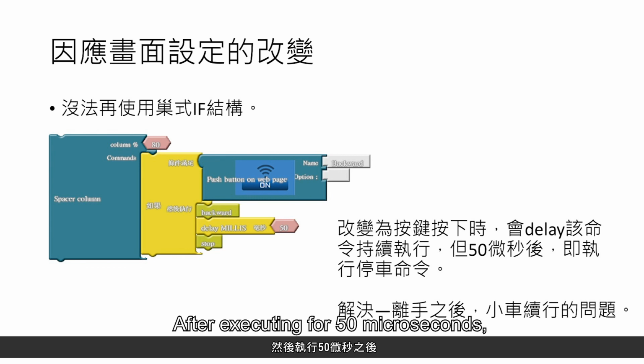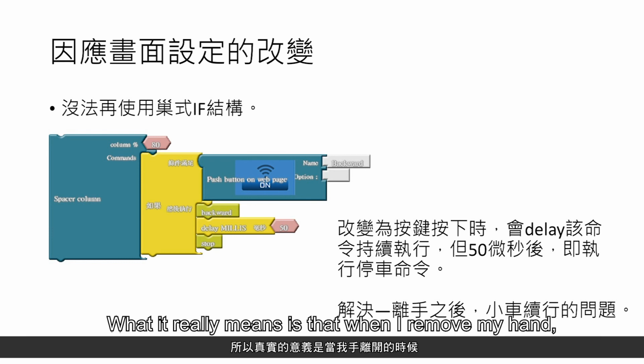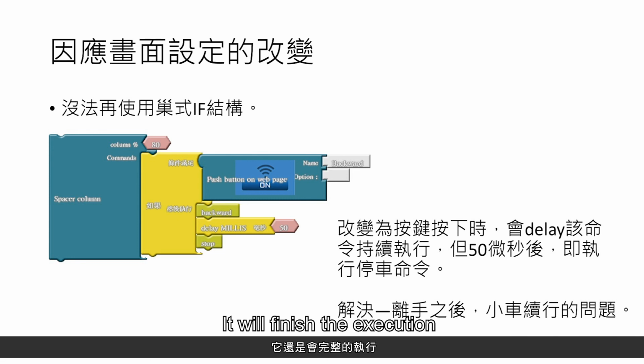After executing for 50 microseconds, it will then execute a stop command. But if you press and hold it, the stop command actually is executed in a very short time and doesn't cause the vehicle to stop. What it really means is that when I remove my hand, it will execute this line. It will finish the execution of the 50 microseconds, but then it will stop.